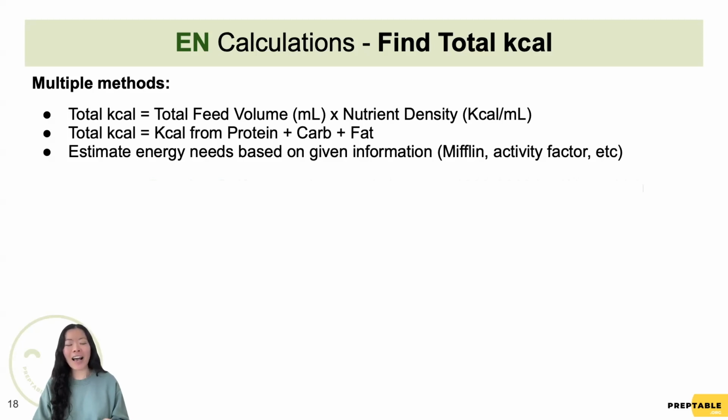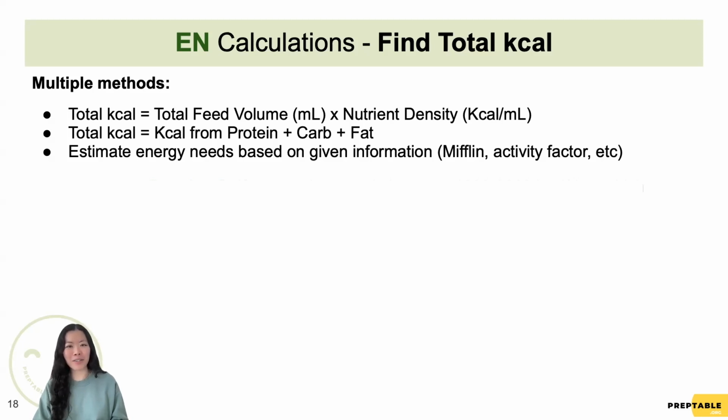In that case, how do you find the patient's energy needs? Well, it will depend on what information is given in the question. For example, the Mifflin-St Jeor equation requires gender, weight, height, and age. But quick methods will have kcal based on activity level, such as a patient with minimal activity who is bedridden will have energy needs around 25 kcal per kilogram of their body weight.